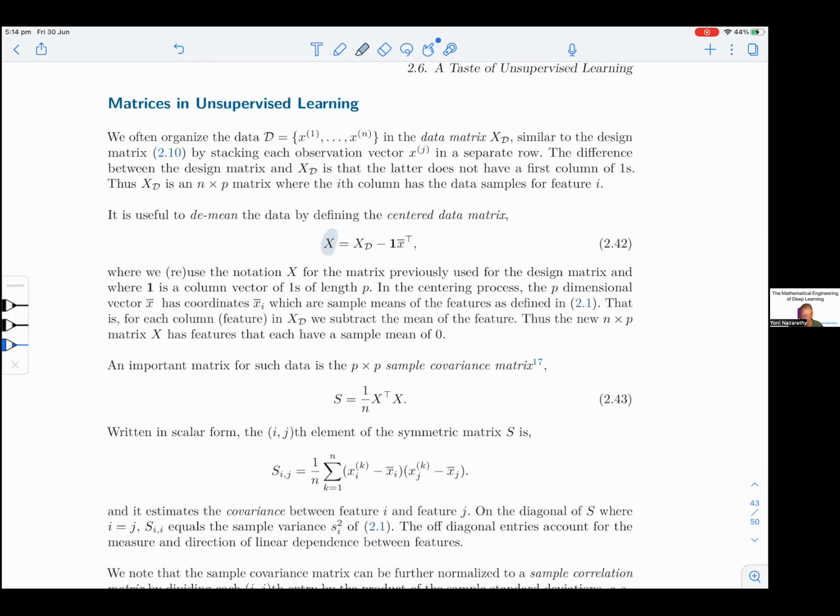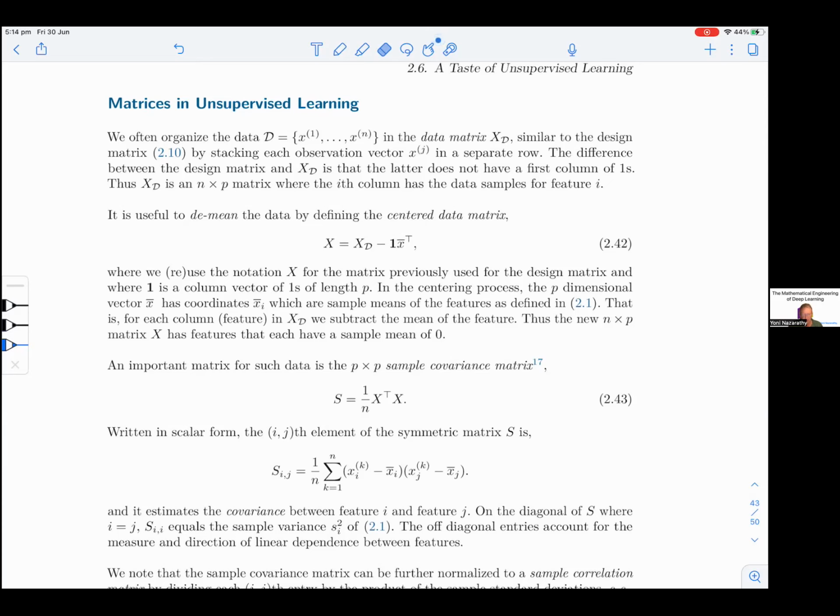In the centering process, the p-dimensional vector x bar has coordinates x bar i, which are the sample means of the features as defined in 2.1. So x bar is the sample means of every feature, and this matrix here is an outer product, which has the same x bar vector on each row.